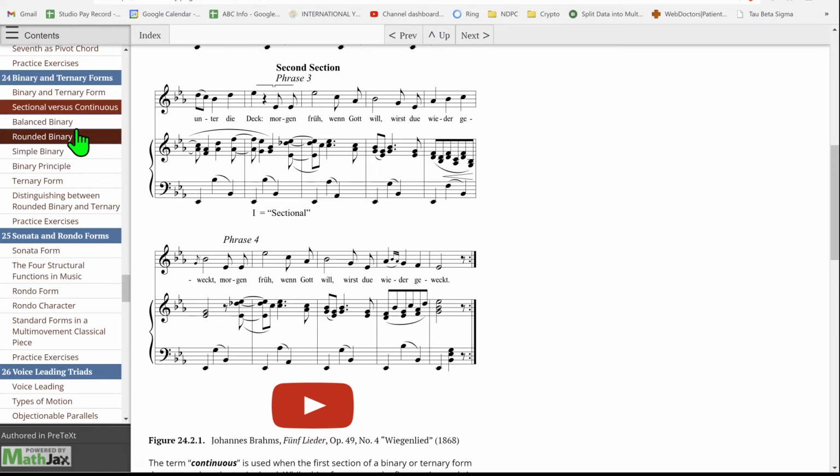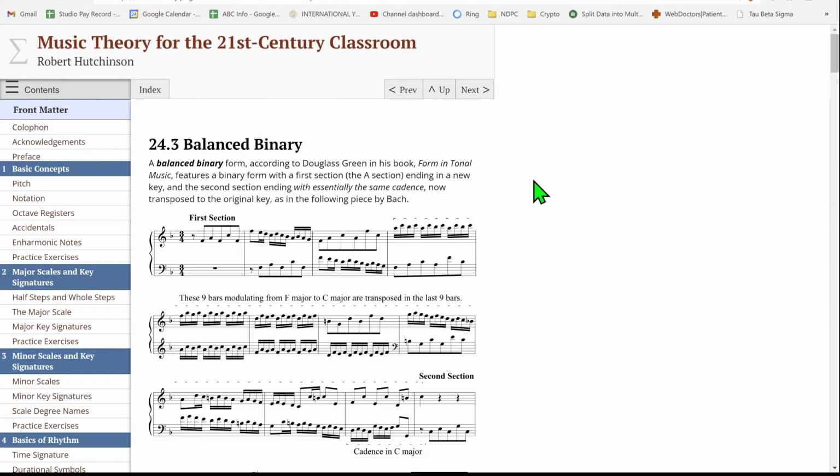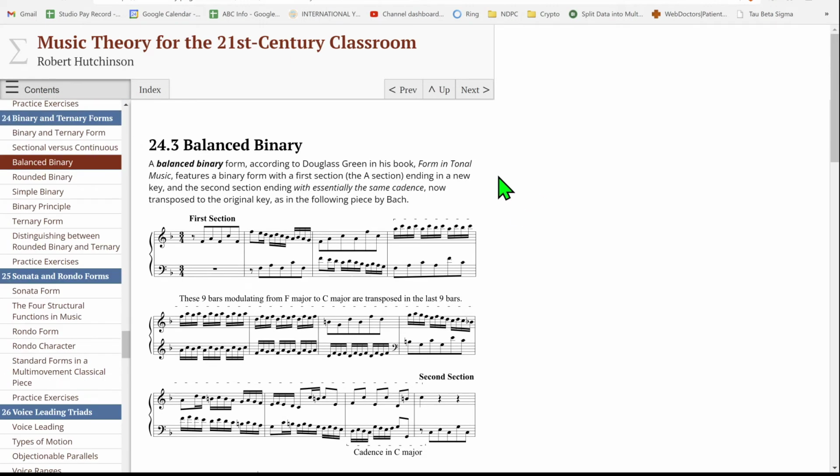Let's talk about balanced binary. What does balanced mean? When it comes to binary form, definitions vary depending on the textbook, but essentially, balanced form features where the first section, the A section, ends in a new key, while the second section returns back to the original key.